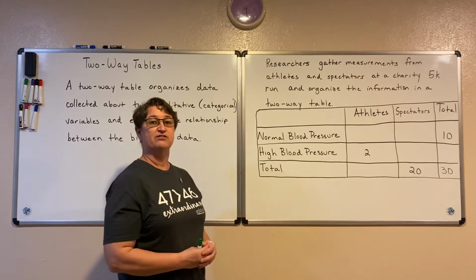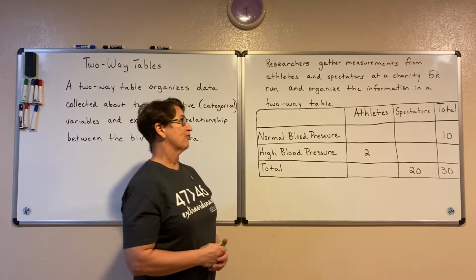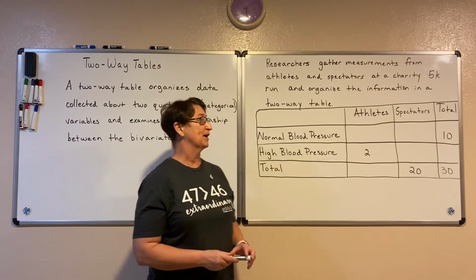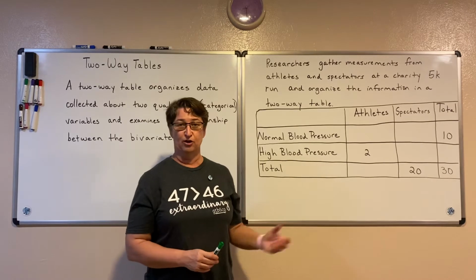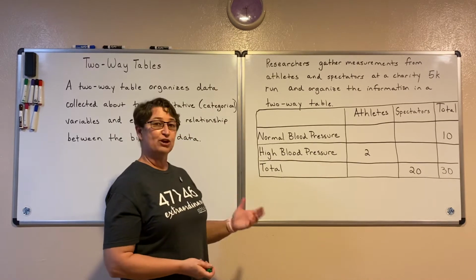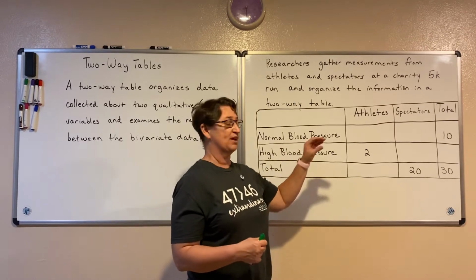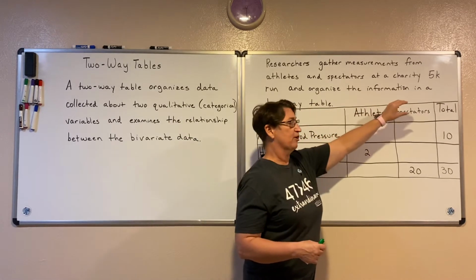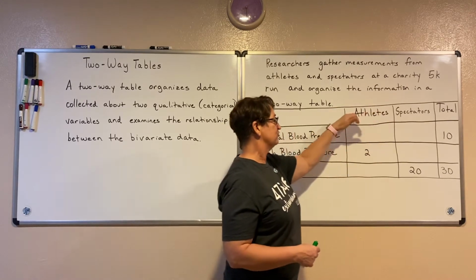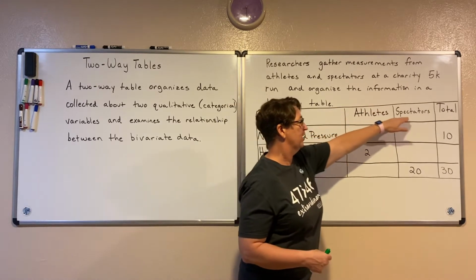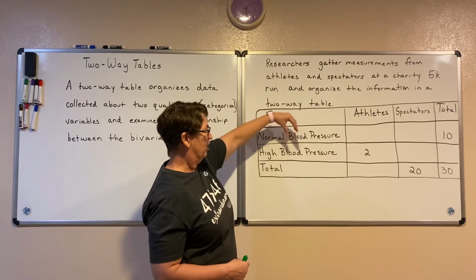So here's a scenario where we might use a two-way table. Researchers gather measurements from athletes and spectators at a charity 5K run and organize the information on this two-way table. So here I have two different variables. In our two-way tables, we'll put the answers to one variable along one side, and the answers collected from another variable along another side.